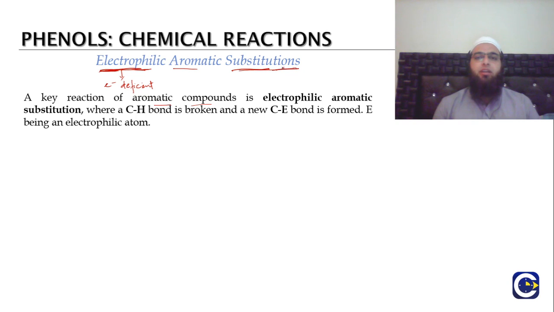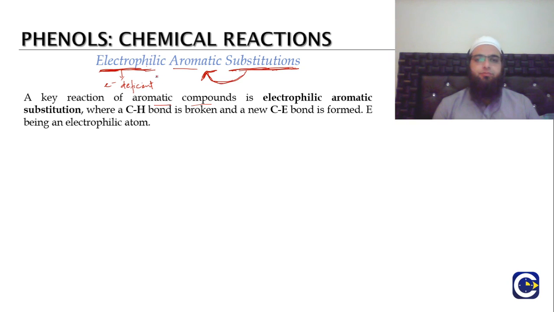The reactions are actually substitutions in which one of the species is replaced by this electrophile. So they are electrophilic substitution reactions, and the substitution takes place on the aromatic ring of an aromatic compound.